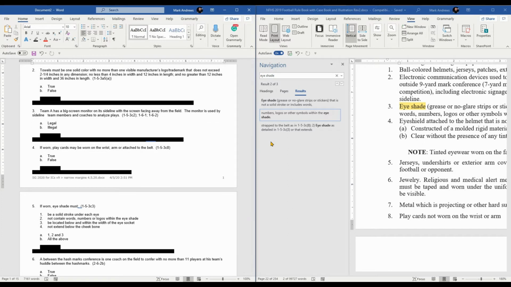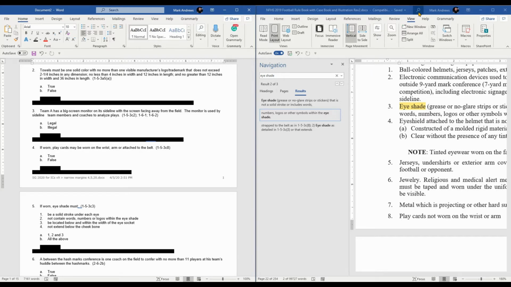Okay. Question number 5. Sticking with our marathon 153C discussion. If worn, eye shade must be a solid stroke under each eye. That's number 1. Number 2, not contain words, numbers, or logos within the eye shade. Number 3, be located within the width of the eye socket. And number 4, not extend below the cheekbone.